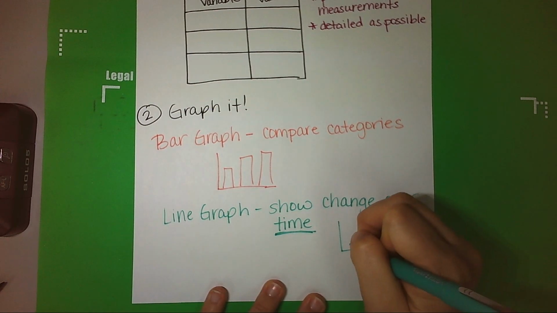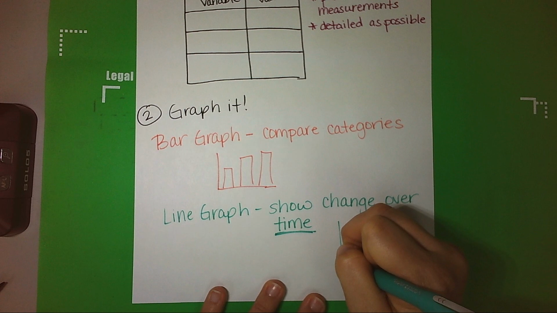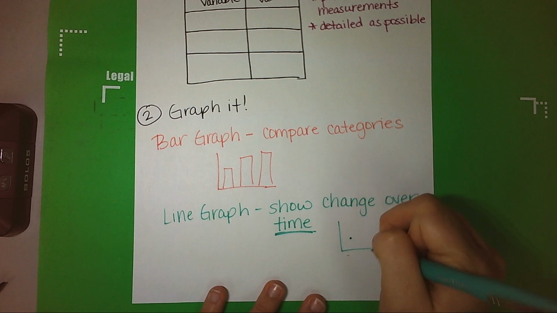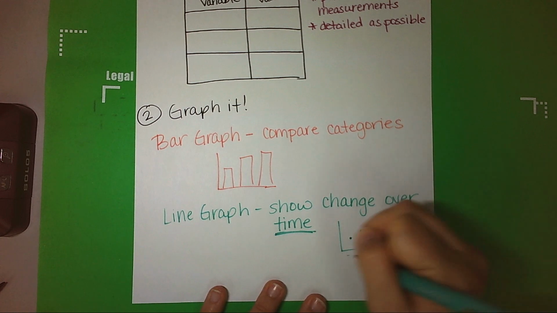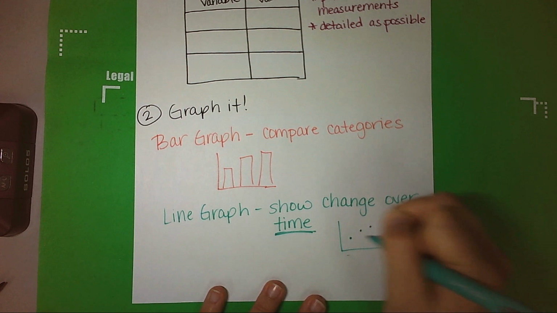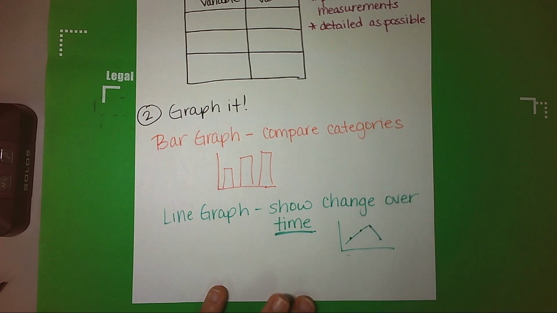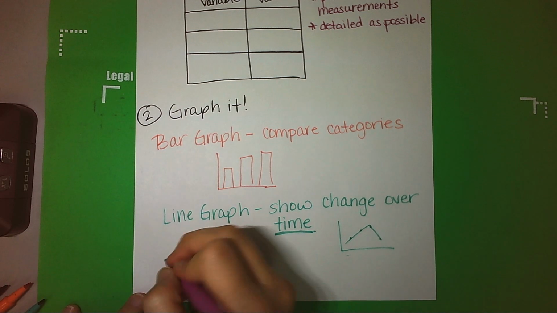So if you have a line graph, that's where you graph it as in your X and your Y, and you put your dot, and then you look at your next X and your Y, and you put your dot, okay, and then you're able to see that increase or decrease. This would be a super quick example of what a line graph looks like.